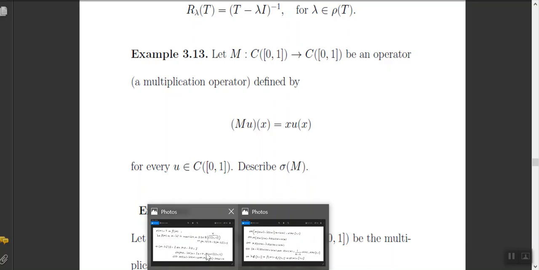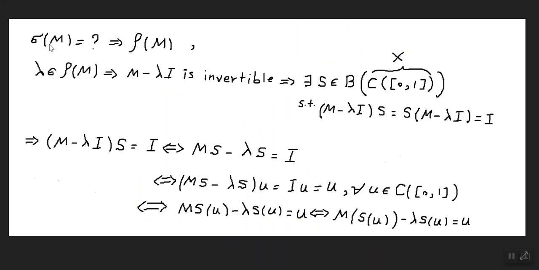Let me explain to you. We want to find the spectrum of M, right? As I mentioned, sometimes it is easier to compute the resolvent set, and when you find the resolvent set, you can take the complement to find the spectrum.